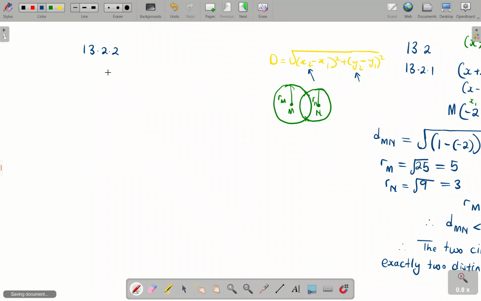So remember, we have our circles. Let me try to draw it again like that. So we have our two circles like this. Okay, let me try again. So this is what we have now.